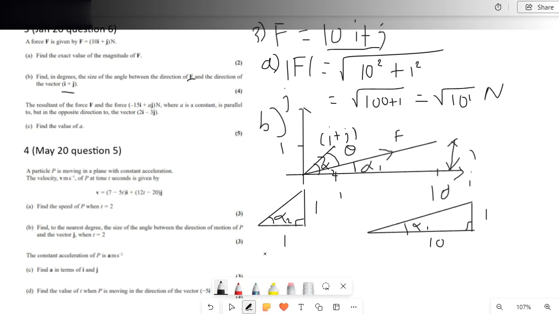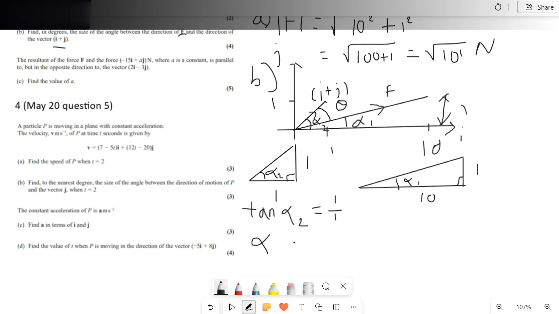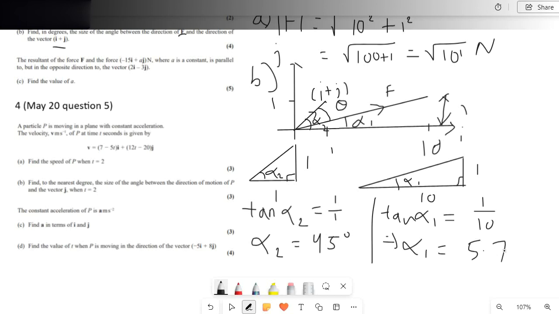For both cases we can use tan alpha 2 is equal to 1 by 1, which is opposite by adjacent. We know that 45 is an angle where tan is 1. So alpha 2 is equal to tan inverse of 1, which is 45 degrees. And similarly here we can use tan alpha 1 is equal to 1 by 10. So therefore alpha 1 is equal to tan inverse of 1 by 10, which is approximately 5.71 degrees.